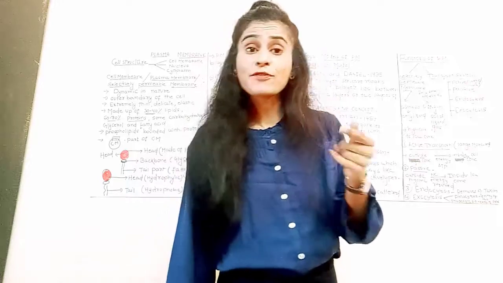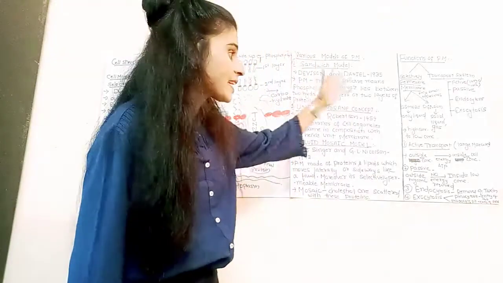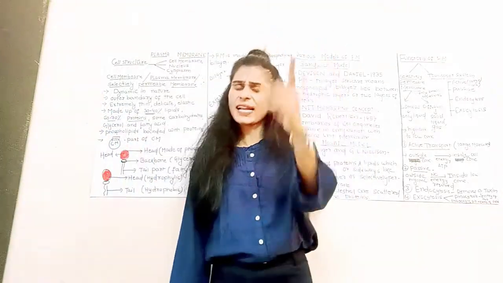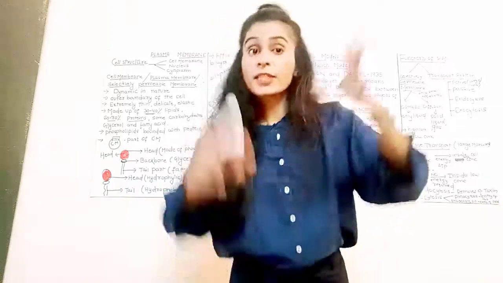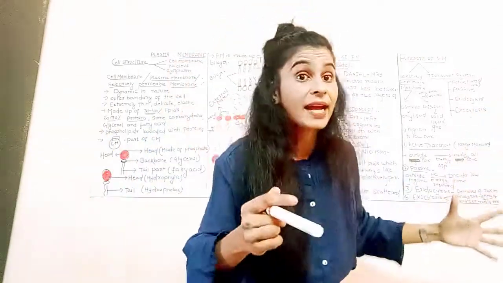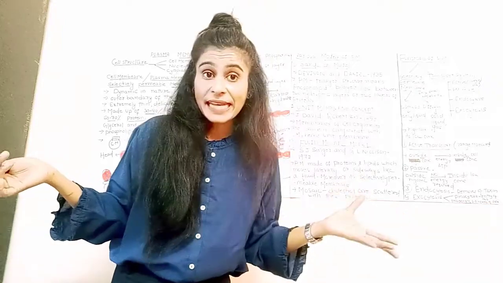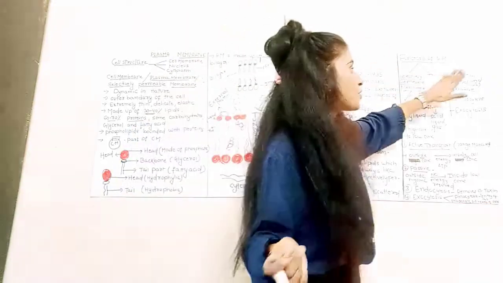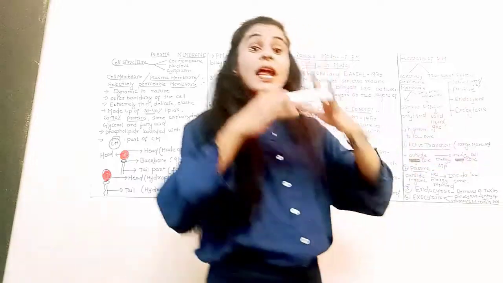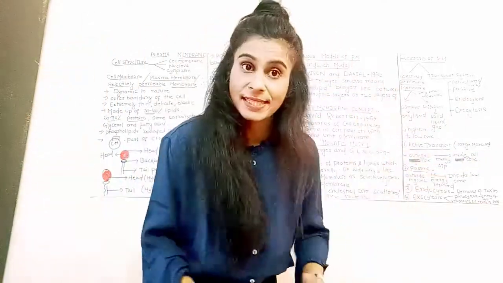So what is the active transport system? Guys, it is only for the larger molecules, which we said cannot pass through the selectively permeable membrane. So active transport is for larger molecules or ions.